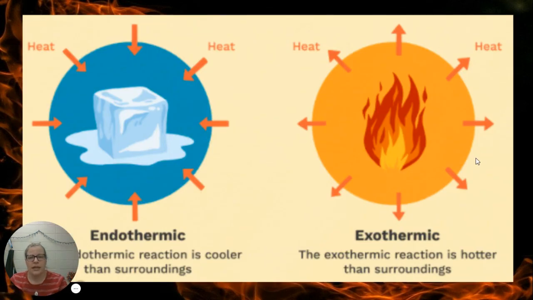Okay, so like I had said, in an endothermic process, like let's say melting ice, when that happens, energy is going into the ice cube. So the area around the ice cube is going to feel kind of colder and it's going to actually melt. When we talk about like a flame, energy is coming out, and so the area around it is getting warmer.